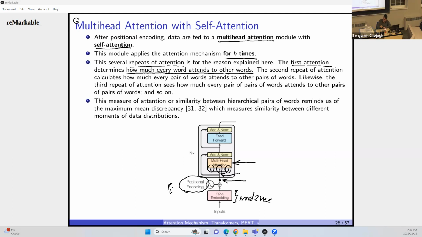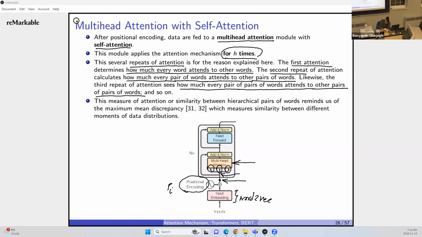The second repeat of attention calculates how much every pair of words attends to every other pairs of words. The third repetition is how much every pairs of words attends to other pairs of words, and so on. Do you see how monster it becomes after several h's?